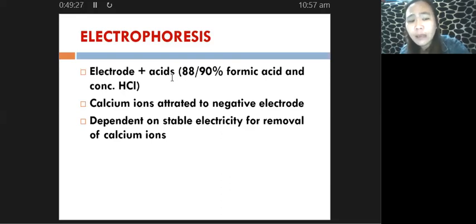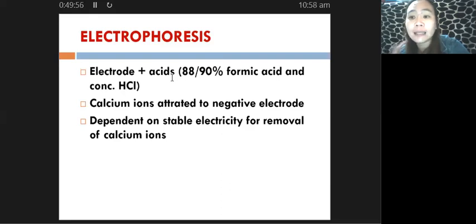Again, just like in your ion exchange resin, the purpose of your acid decalcifying solution is to liberate the calcium ions, or the mineral ions, that are present in your tissue sample. Your calcium ions, being positively charged, are referred to as cations.